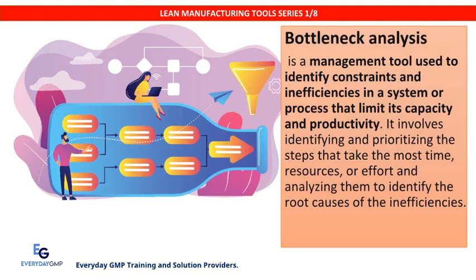Bottleneck analysis is a management tool used to identify constraints and inefficiencies in a system or process that limit its capacity and productivity. It involves identifying and prioritizing the steps that take the most time, resources, or effort and analyzing them to identify the root causes of the inefficiencies.